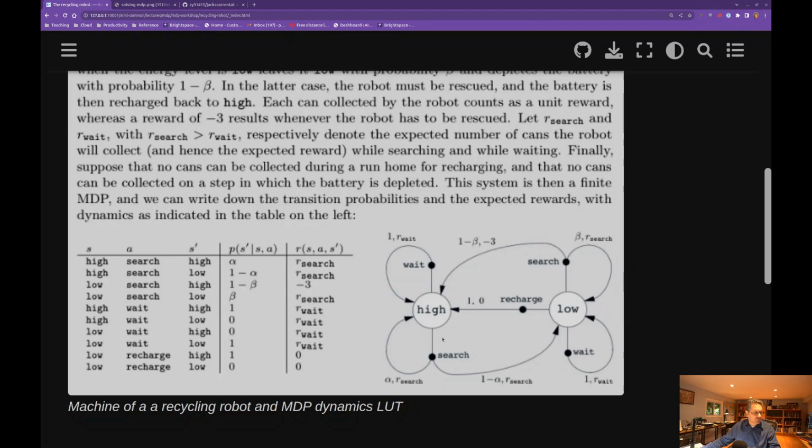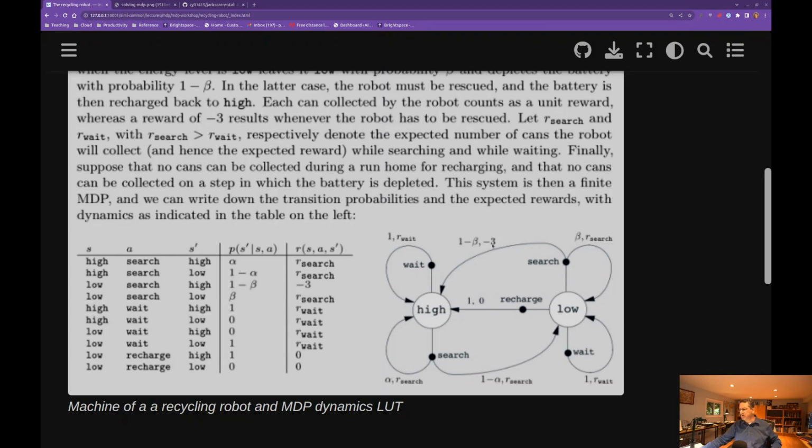This is the finite state machine for the recycling robot, with the actions as solid circles, and the corresponding probabilities and rewards.